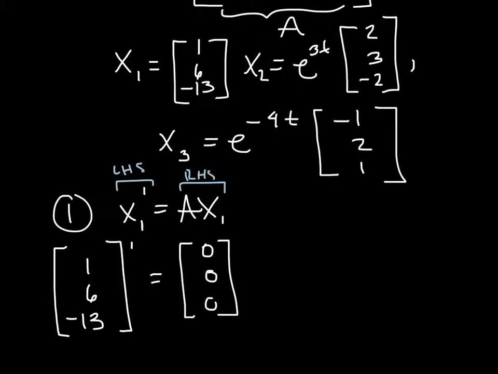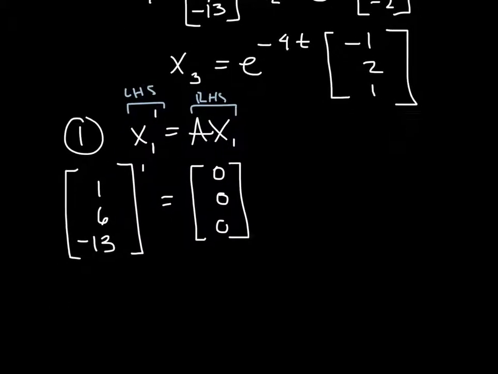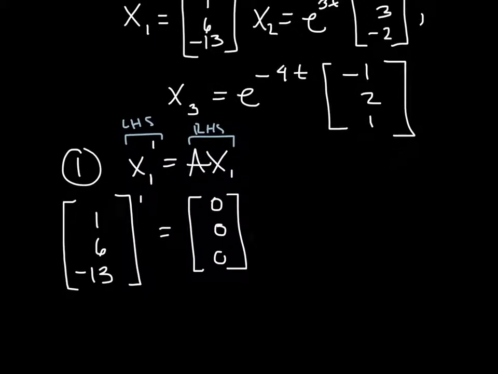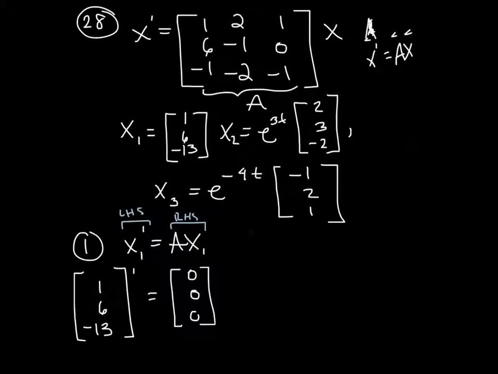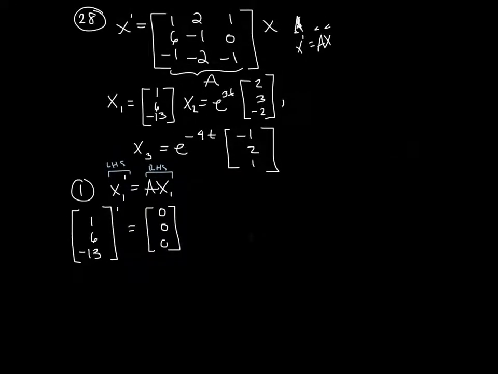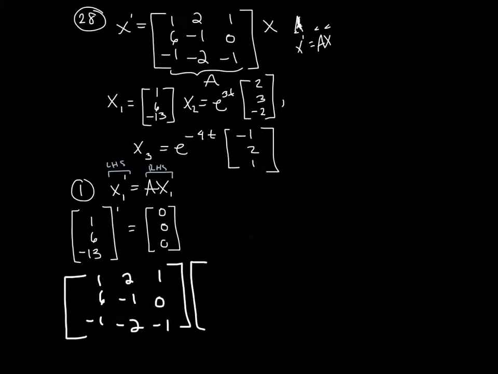Okay, so that's my left-hand side, and now my right-hand side is A times x1, so let me write my A out. So we have 1, 6, negative 1, 2, negative 1, negative 2, 1, 0, negative 1. And I'm going to multiply it by my x1, which is 1, 6, negative 13.